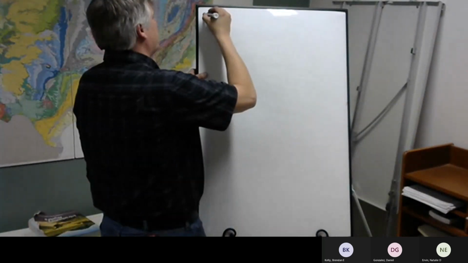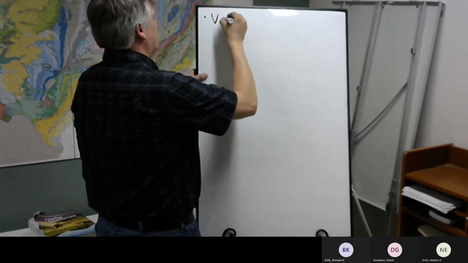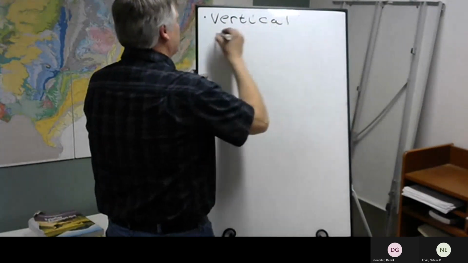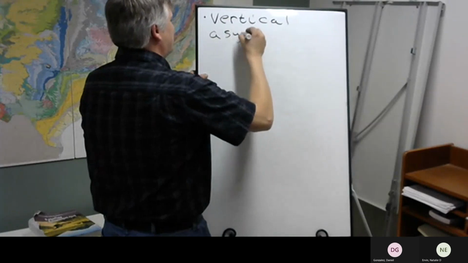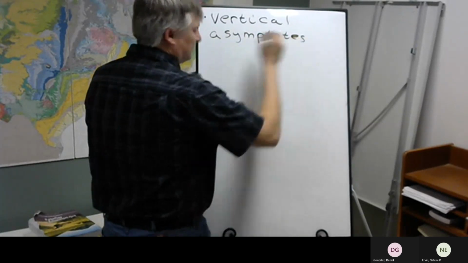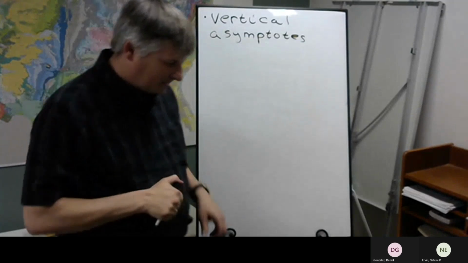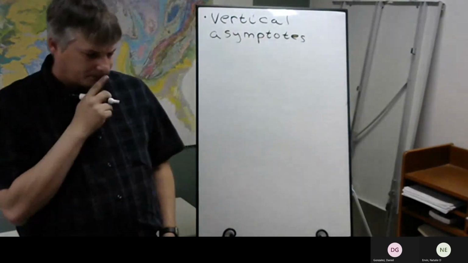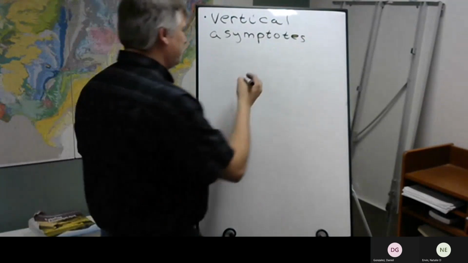We talked about horizontal asymptotes last time. So vertical asymptotes. So what we looked at in algebra is, again, a great example of this.